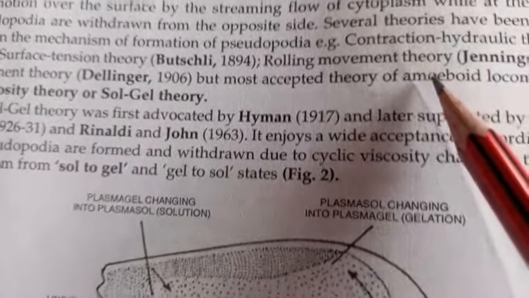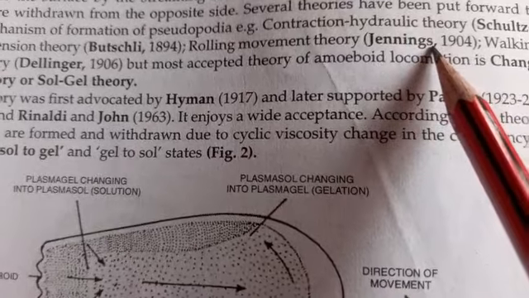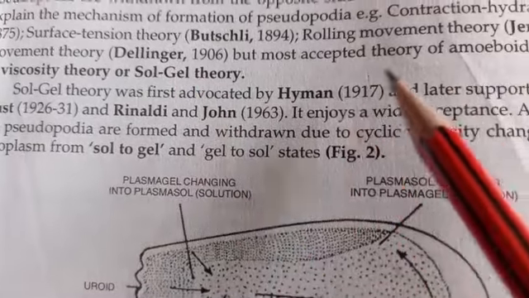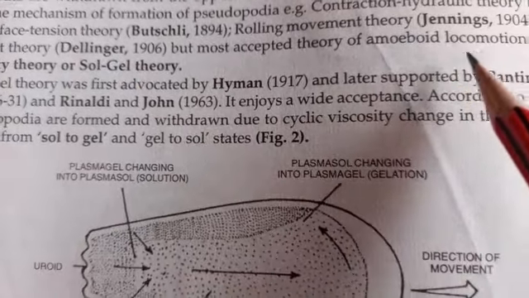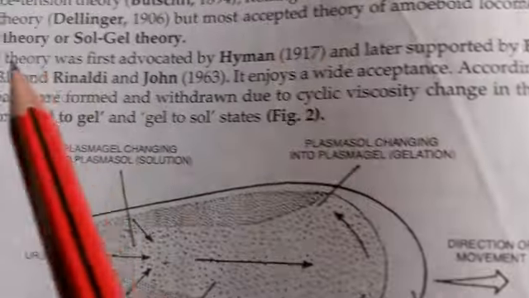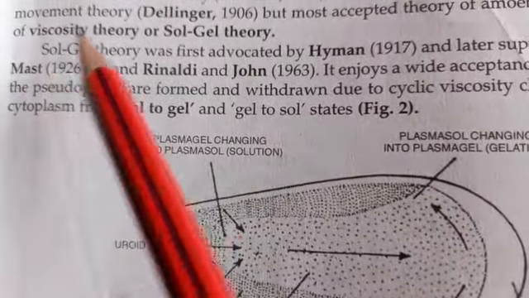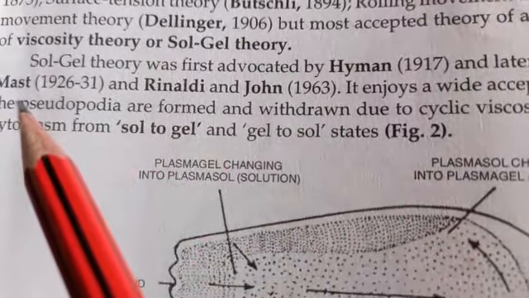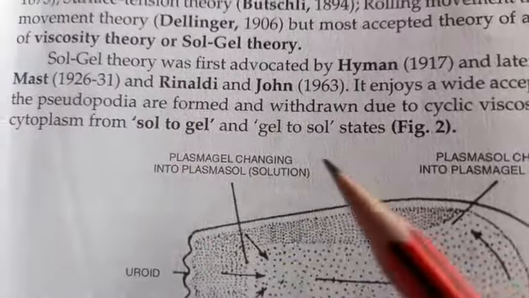Then there's the rolling movement theory given by Jennings. Similarly, we have the walking movement theory given by Dellinger. But the most accepted of all these theories for amoeboid locomotion is the change of viscosity theory, which is called the sol-gel theory. So this is what we are going to concentrate on.